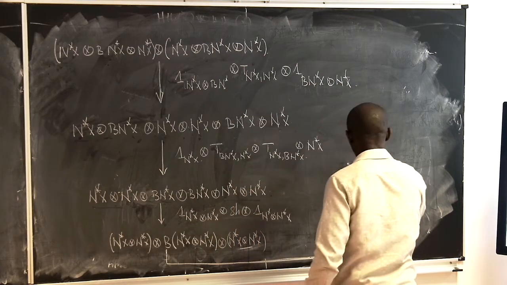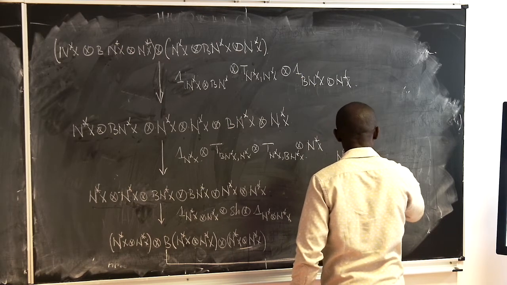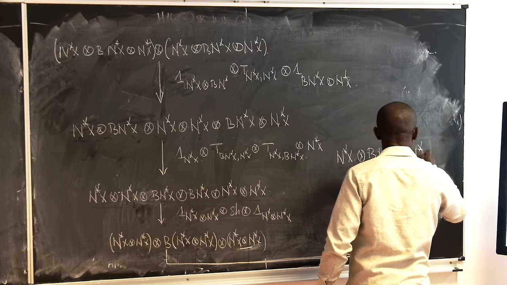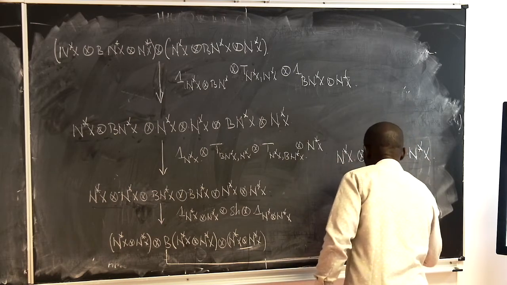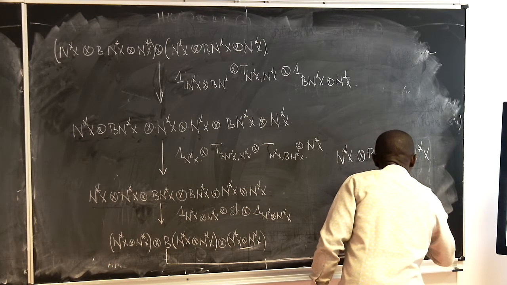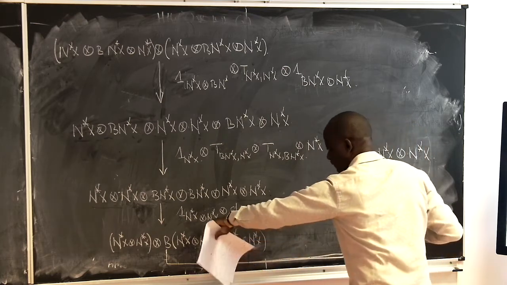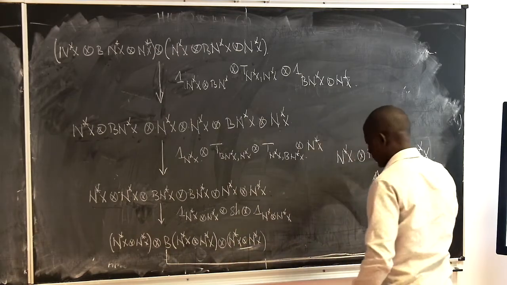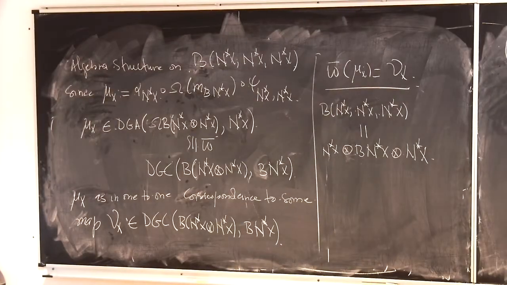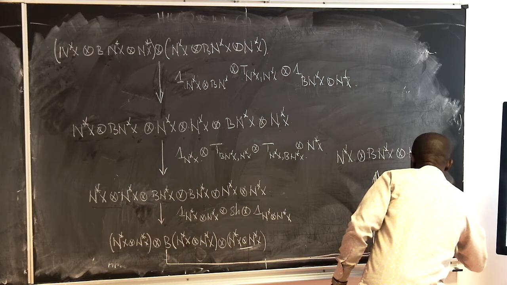So we use the product here. We have here Nx tensor B Nx tensor Nx. Through this map, we have Nx here, tensor, and from here to here we use this map, nu x tensor M Nx.